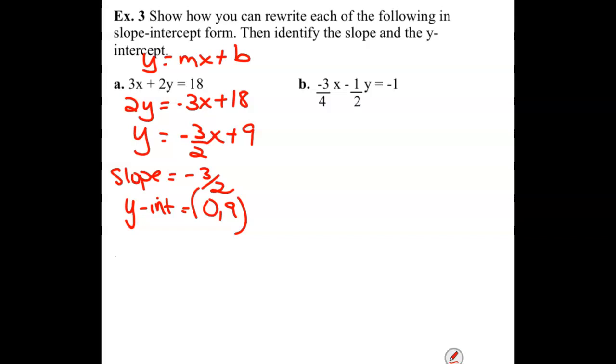If I were going to do this just the way it is, leaving the fractions there, my first piece would be to add 3/4 x to the other side. Okay. Then what do I have to do? I have to divide out the -1/2, and that's equivalent to multiplying by the reciprocal, yes? So I'm going to multiply both sides by -2.